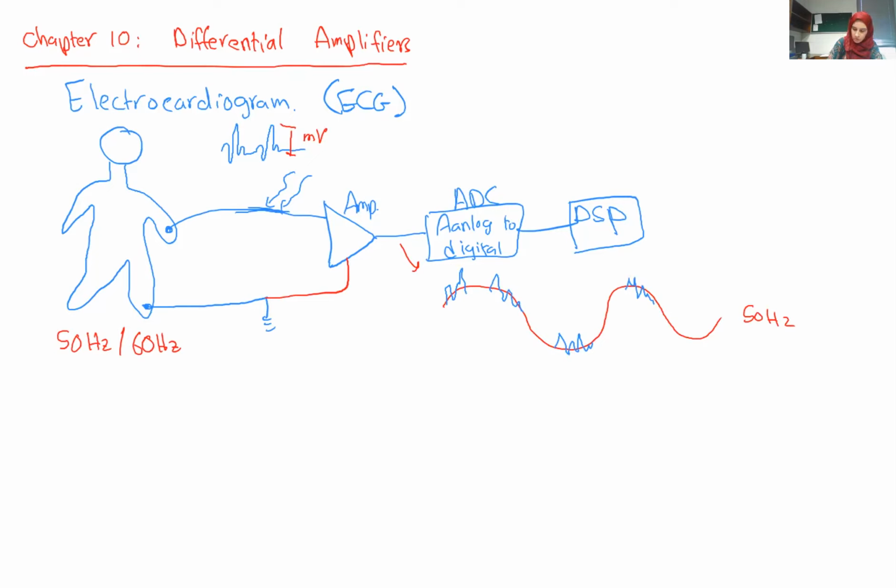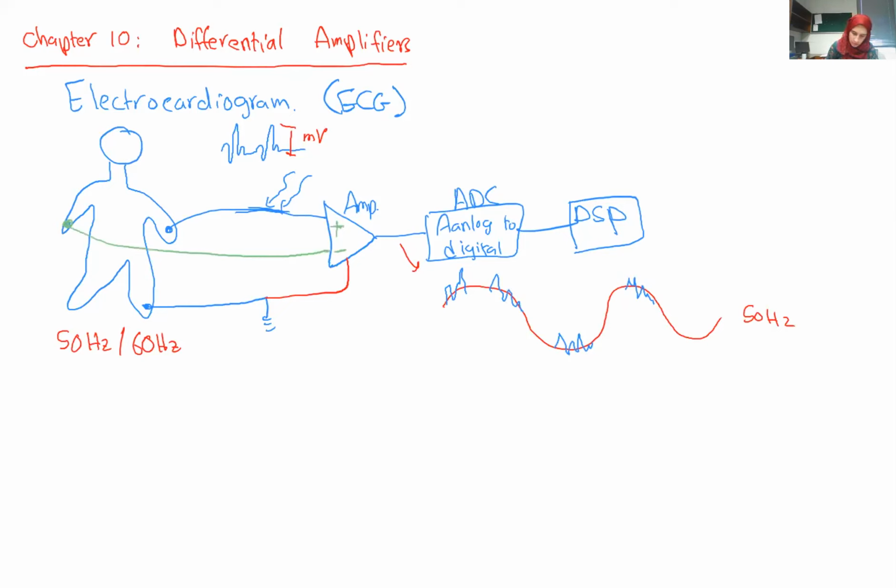One other way to solve this issue is to connect another electrode to the other arm of the patient, and have an amplifier that amplifies the difference between those two signals.